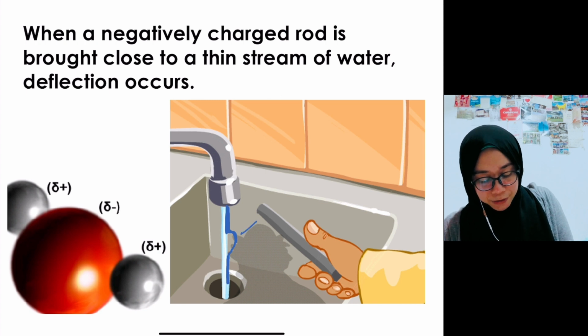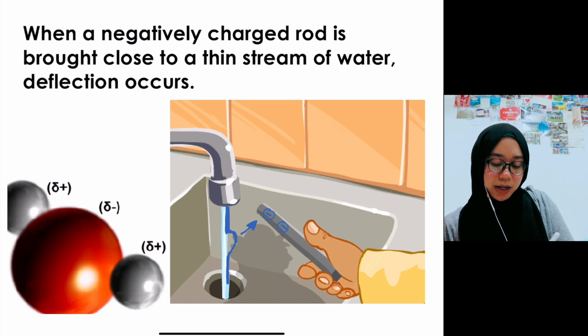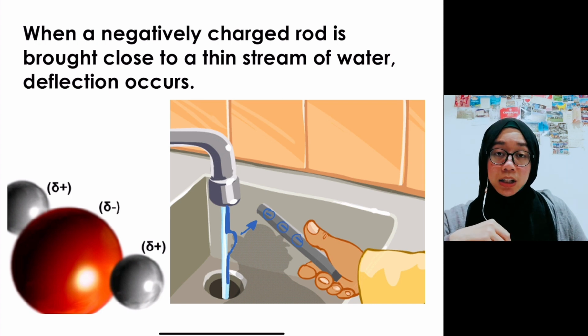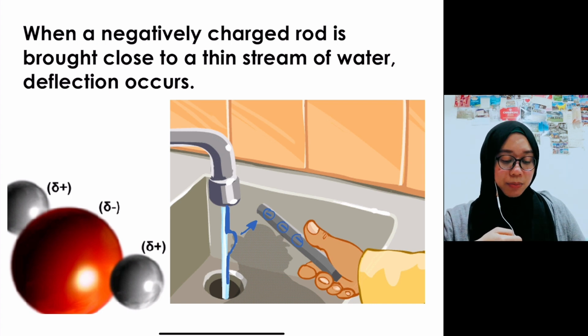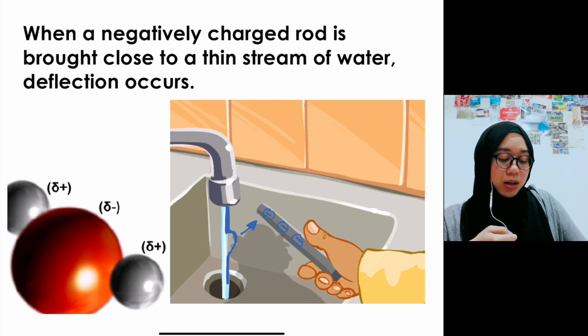So bahagian yang deflected ni sebenarnya dia attracted kepada kita punya rod yang sini yang penuh dengan negative charge. So why is that? Because water is said to be a polar molecule. Okay, nanti kita akan tengok lah what is a polar molecule kat sini.